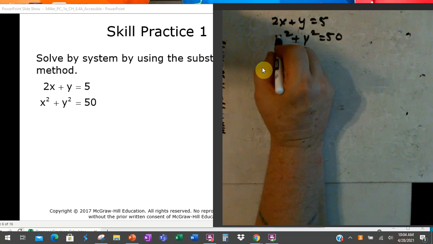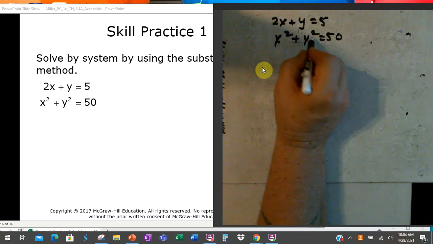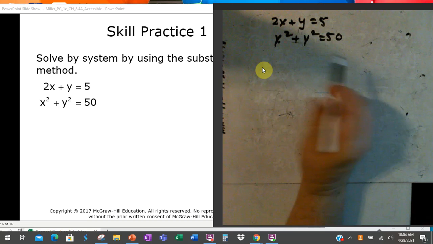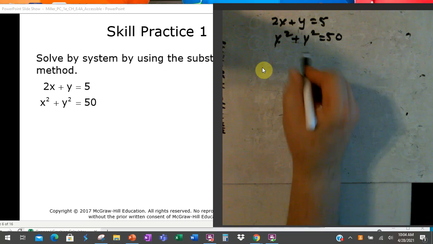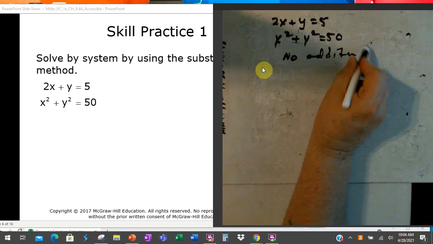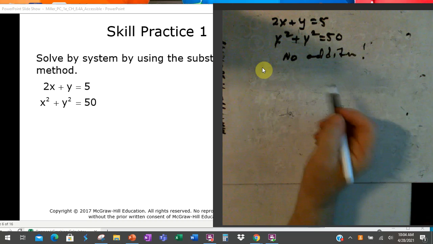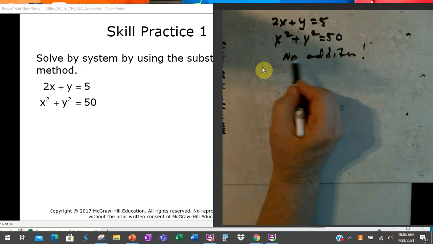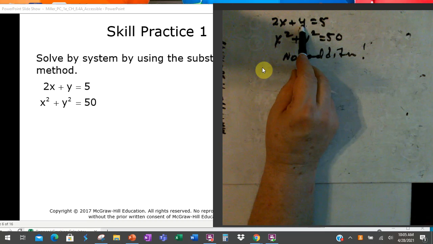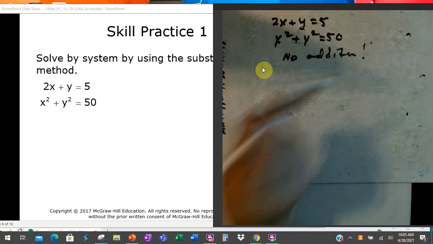I still can't subtract out this or subtract out that. So there is no addition method that I could use for this. I can't do it, okay? But I can do the substitution in here. And that just says solve one of these for the other and then put it in and then solve that, okay?